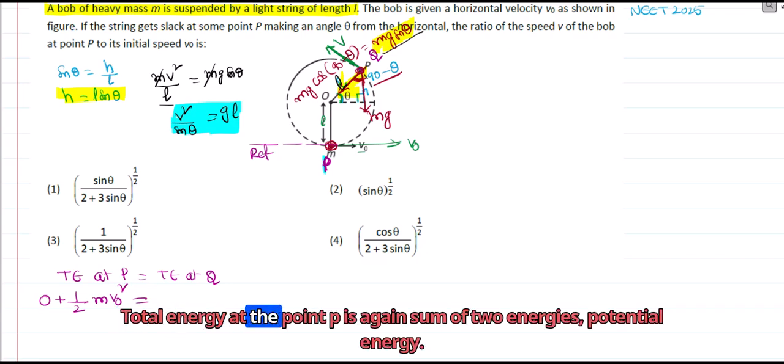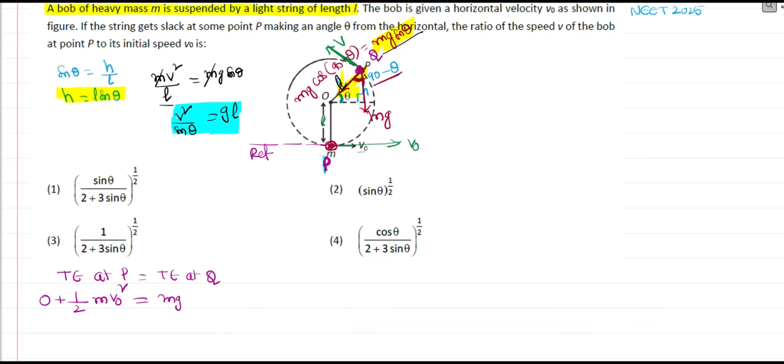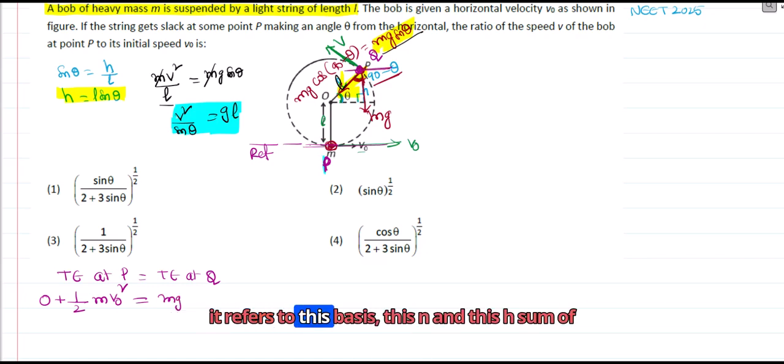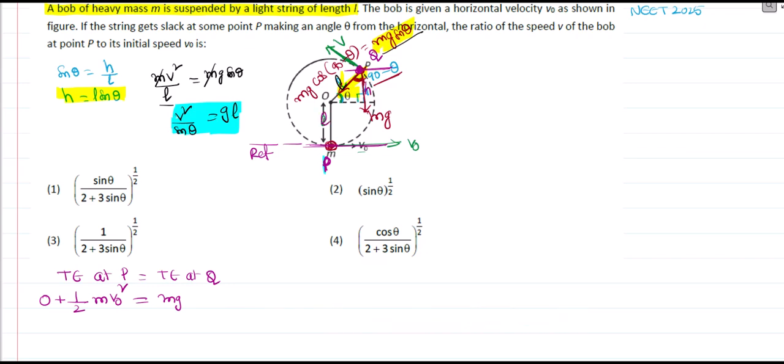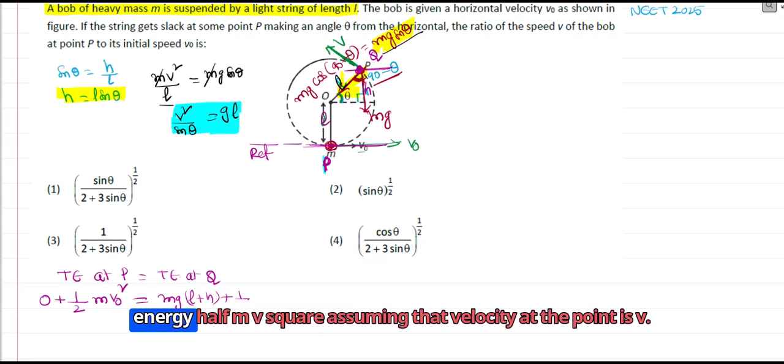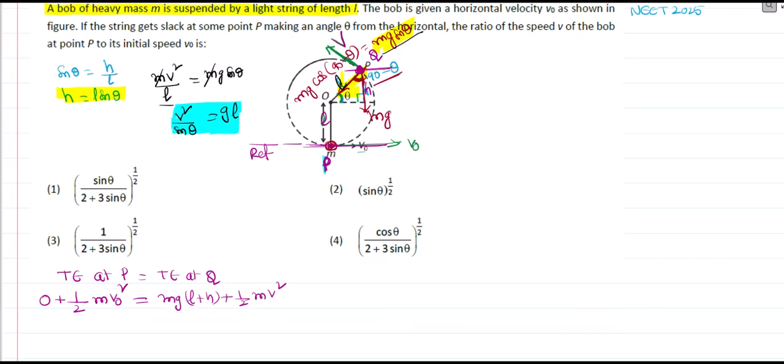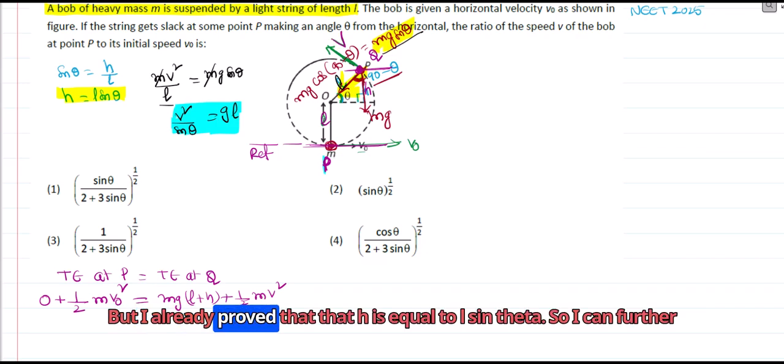Total energy at the point Q is again the sum of two energies, potential energy and kinetic energy. Height of that point with reference to this base is this L and this H sum. So mg of L plus H plus kinetic energy half m V square, assuming that velocity at the point is V. But I have already proved that H is equal to L sin theta.